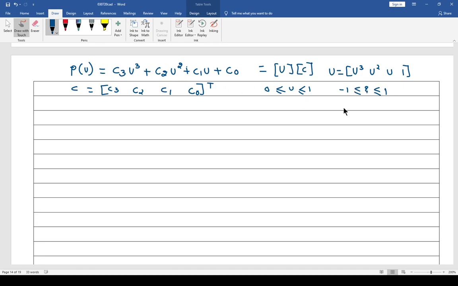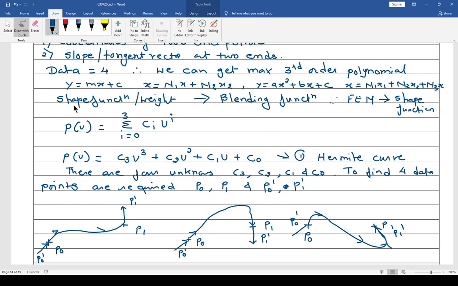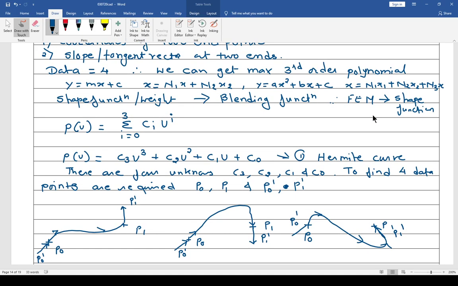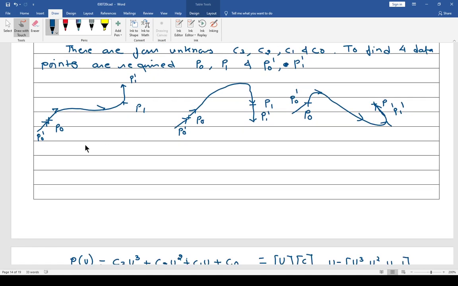In FEA we call this a shape function or weight function, and in CAD we call this a blending function. We'll be studying a cubic order polynomial today. I'm not going to cover the cubic order polynomial in case of FEM; we'll directly go through the application.